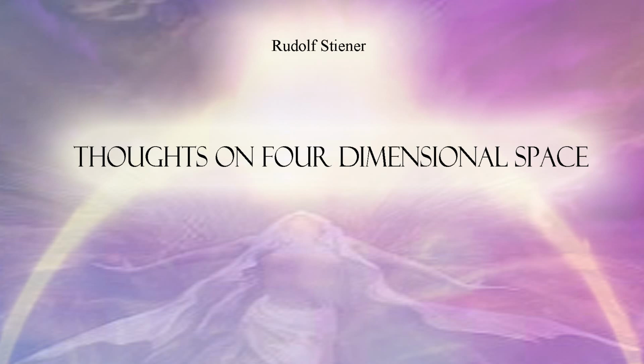Last time I said that if we want to acquire an idea of the fourth dimension, we must allow relationships in space to remain fluid in order to produce circumstances similar to those present when we make the transition from the second to the third dimension.